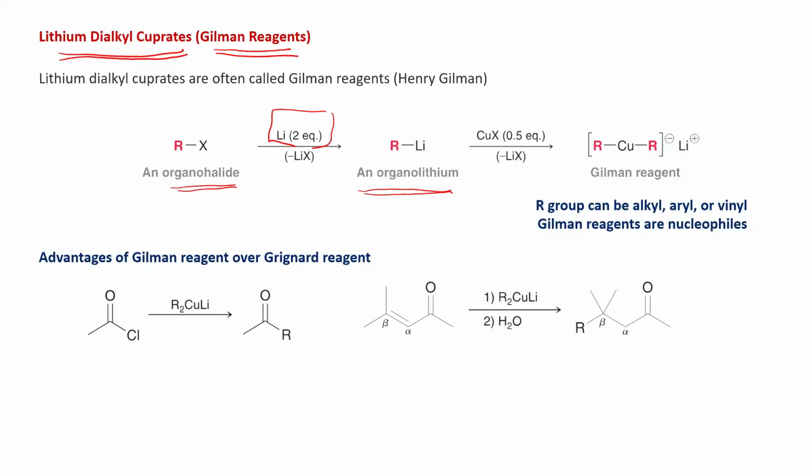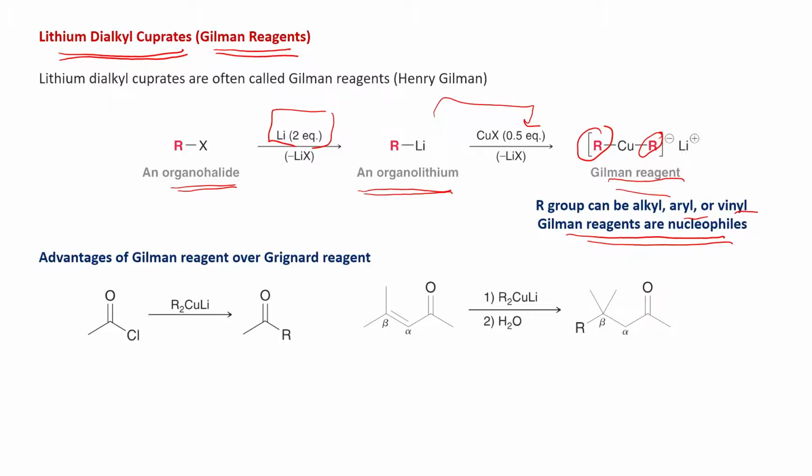When you further treat organolithium compound with 0.5 equivalent of copper halide or any copper salt, you will get your Gilman's reagent, which is lithium dialkyl cuprate. So this R group can be alkyl, aryl and vinyl.